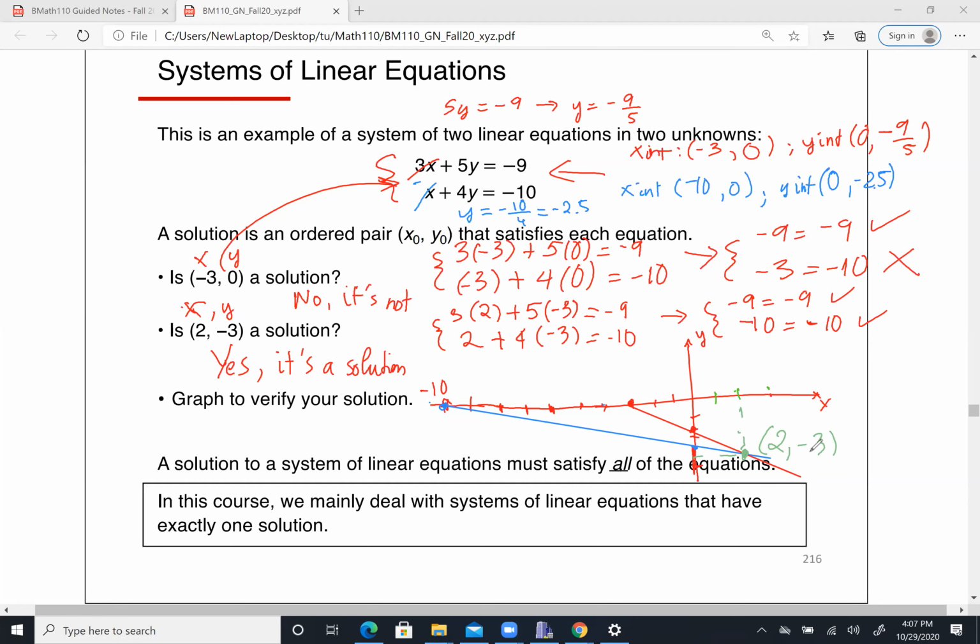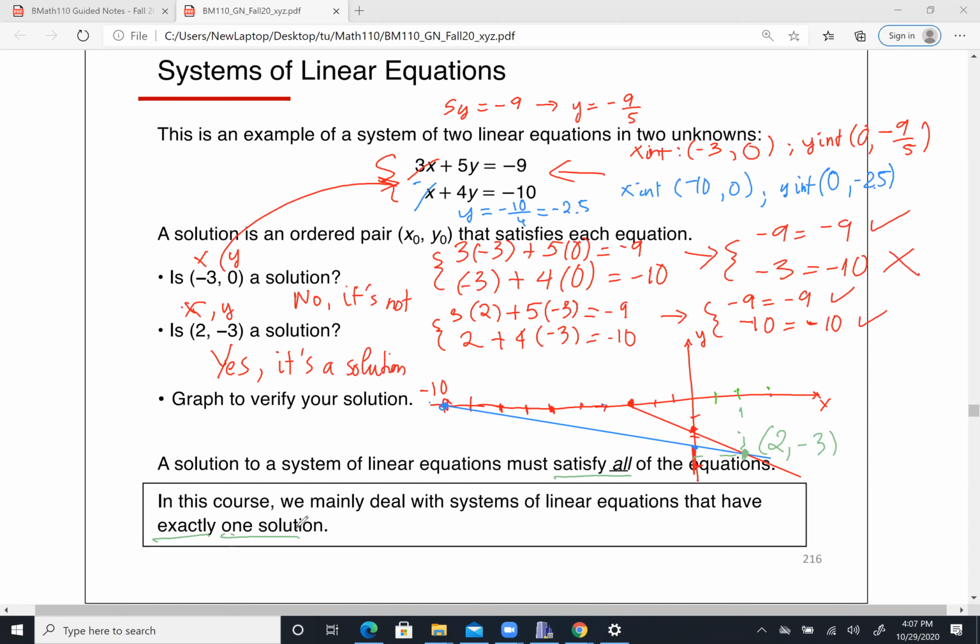Okay. So a solution to the system of linear equations must satisfy all the equations. And in this course, we mainly deal with systems of linear equations that have exactly one solution.